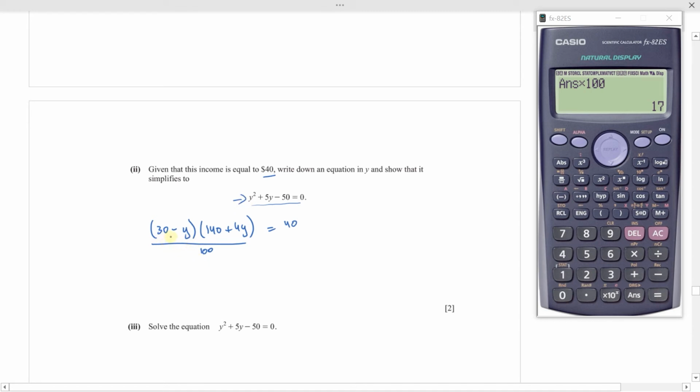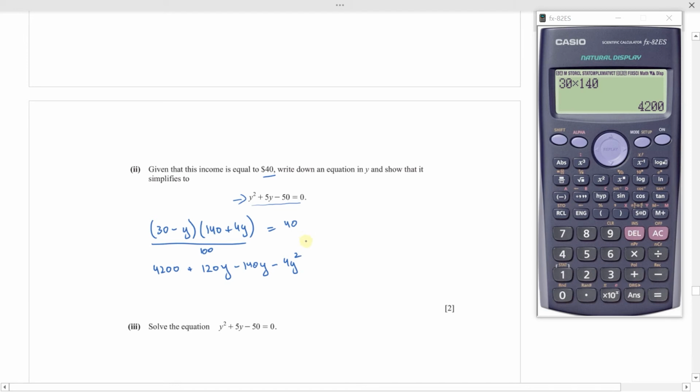So let's open the bracket in the numerator. 30 multiplied by 140 is 4,200, plus 30 into 4 is 120y, minus 140y, minus 4y square.